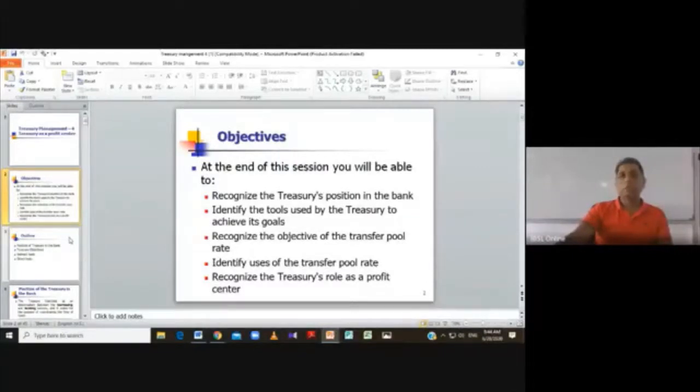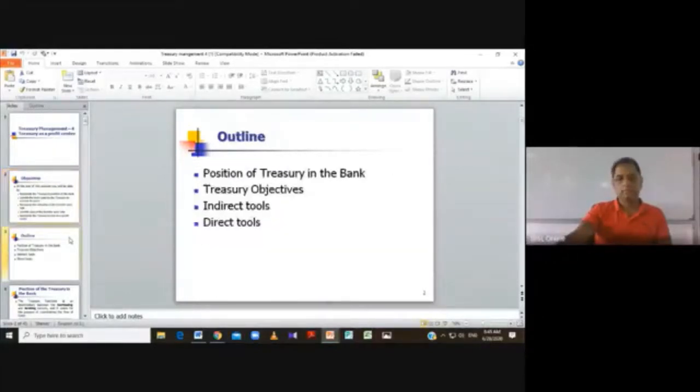Partially that is true, but the important thing to understand is that while doing that function, and I'm repeating this, it has to achieve a profit motivation as well. So it is not merely a function that supports, it is a function that supports and creates income for the bank.